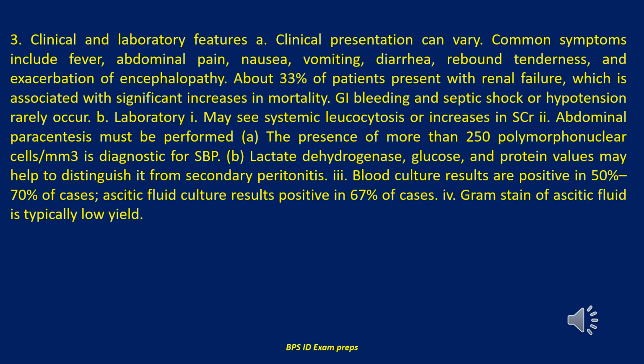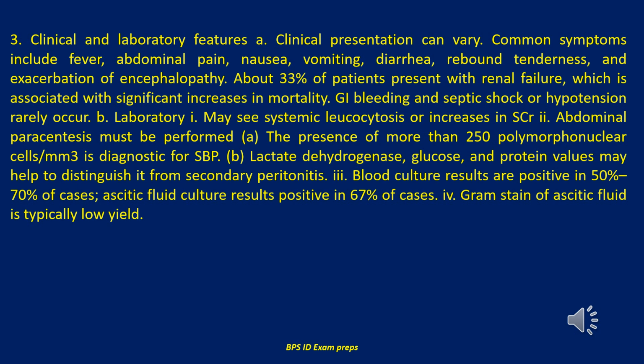Common symptoms include fever, abdominal pain, nausea, vomiting, diarrhea, rebound tenderness, and exacerbation of encephalopathy. About 33% of patients present with renal failure, which is associated with significant increases in mortality. GI bleeding and septic shock or hypotension rarely occur.